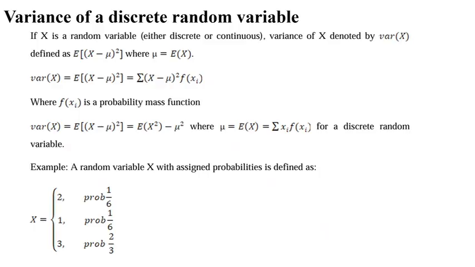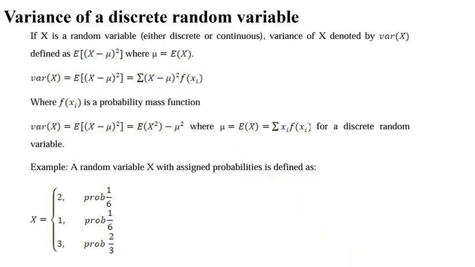Now our variance of x will be E of x minus E of x, that is mu, all squared, which is equal to the summation of x minus mu squared times f of xi. Note, our f of xi is a probability mass function.